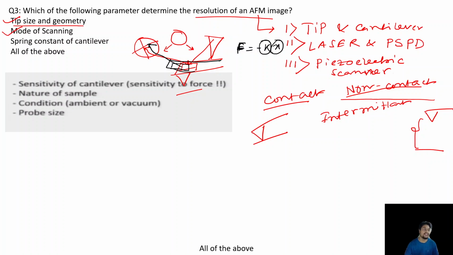So we need a cantilever with a low spring constant so that it can sense small changes of topography on the surface. So the spring constant of the cantilever has a role. That means all of the above answers are right.